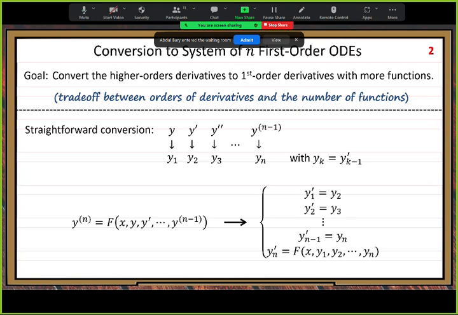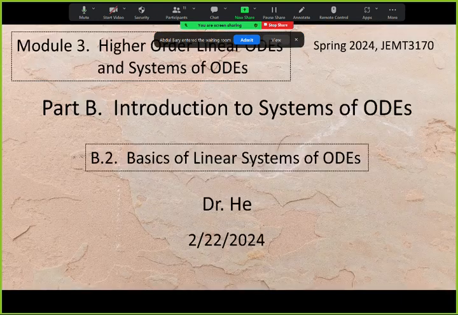If it's a very bad, complicated F function, then we won't get a linear system. For this chapter, we focus on the linear system. Otherwise, for a nonlinear system, we can only use numerical methods to solve. Too difficult.